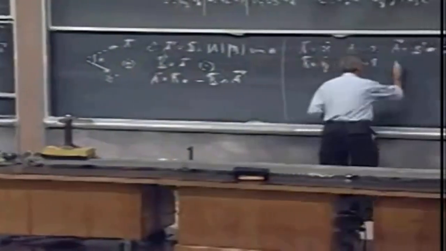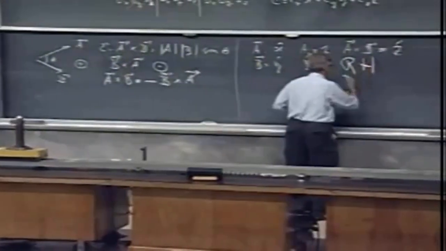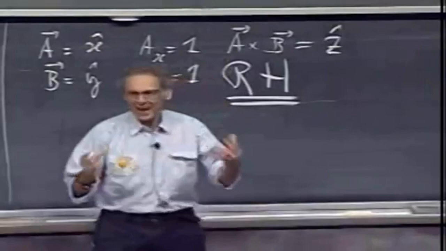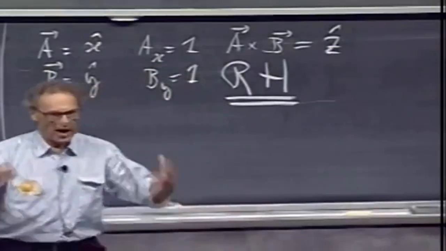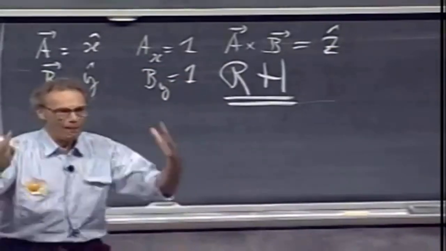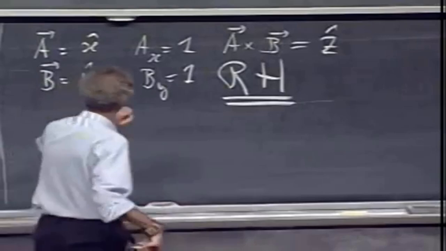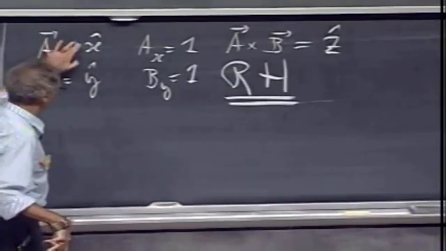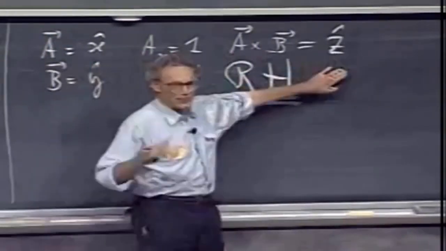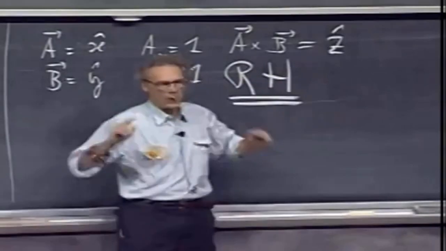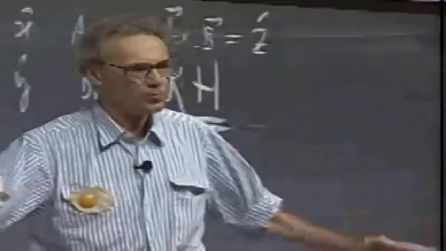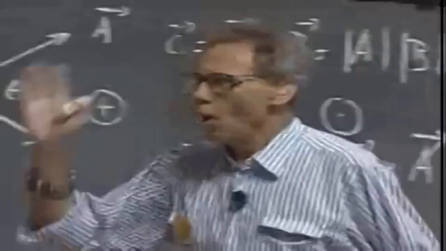You will always have to work with what we call a right-handed coordinate system. And a right-handed coordinate system, by definition, is one whereby the cross product of x with y is z, and not minus z.